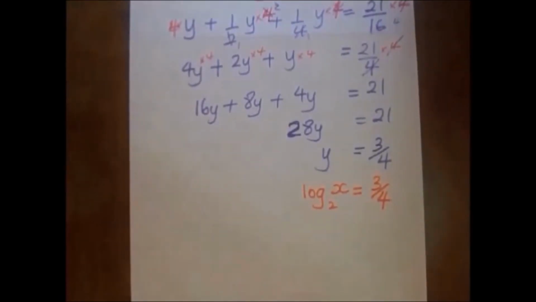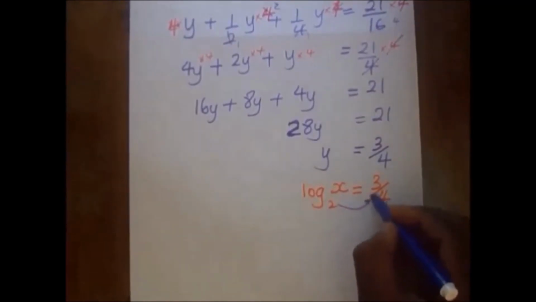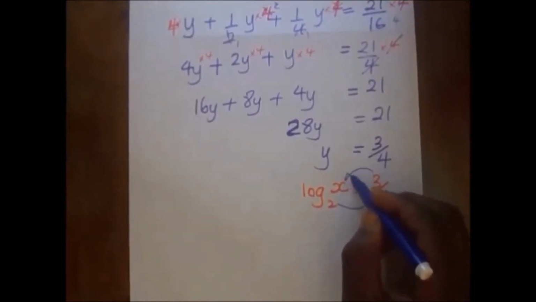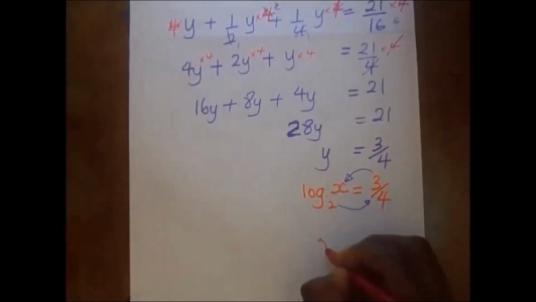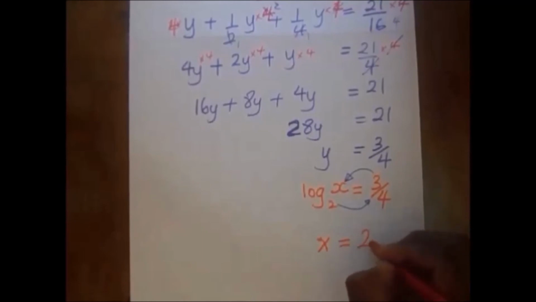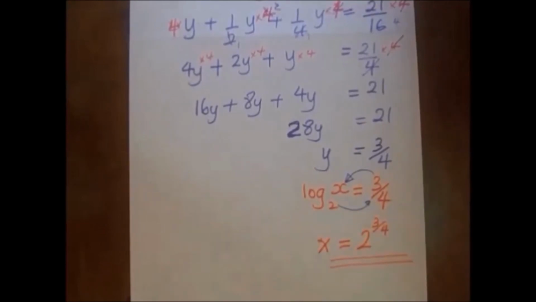And from here we shall employ the law of indices, whereby 2 to the power of that expression is going to give us that value of x. So x is going to be equal to 2 to the power 3 over 4. And so that is going to be our value of x, and that is going to be the final answer.